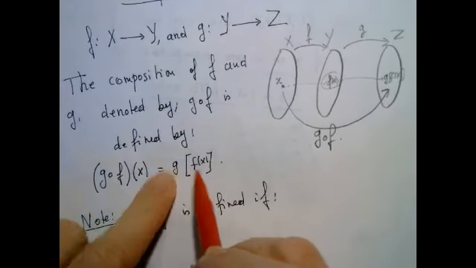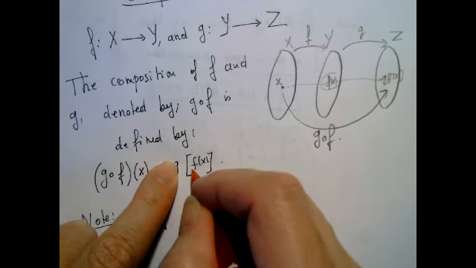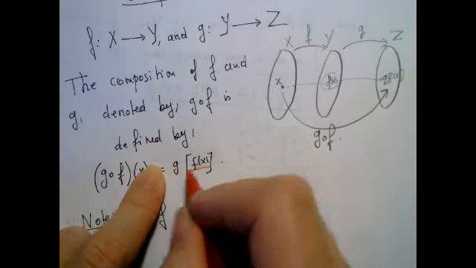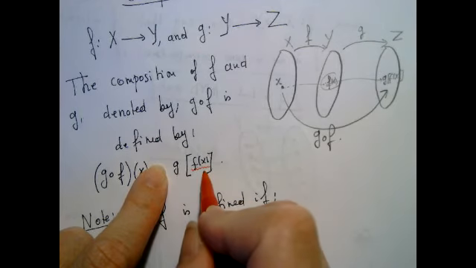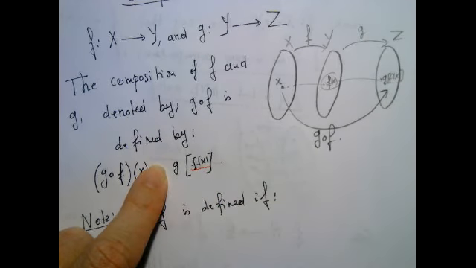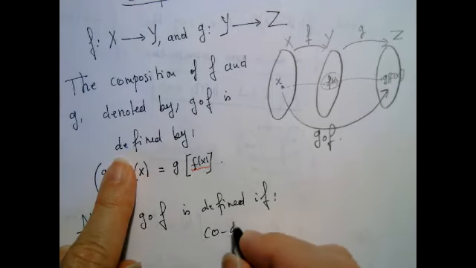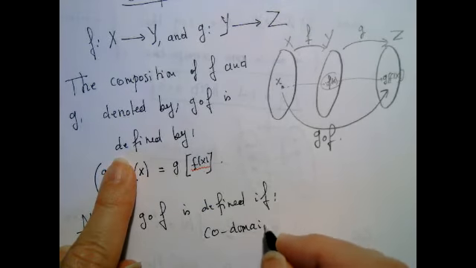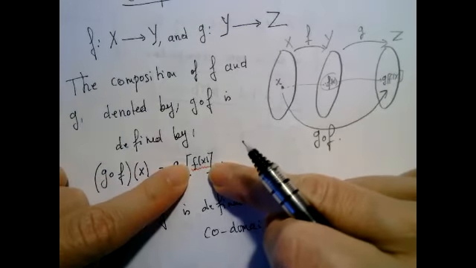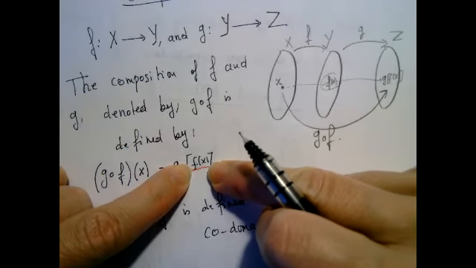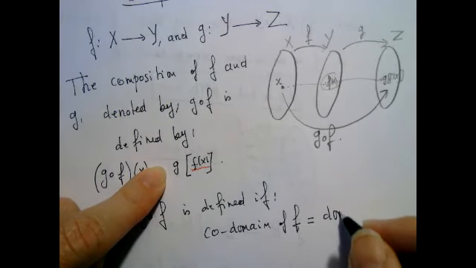It's g of f of x. So for this to make sense, f of x should be in the domain of g. Otherwise, this doesn't make sense. So the composition is defined if the codomain of f, because f of x is inside its codomain, the codomain of f coincides with the domain of g.